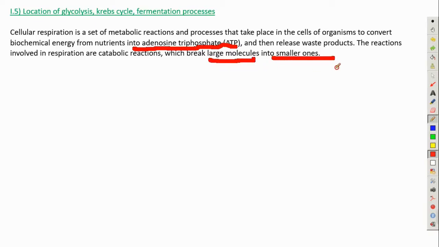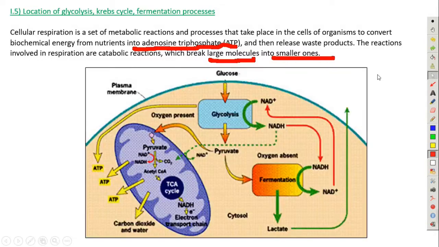When you break the bonds of these bigger molecules, they will release energy, and this energy will be used to regenerate ATP. So this is a general overview of the different things. We'll study them in detail.